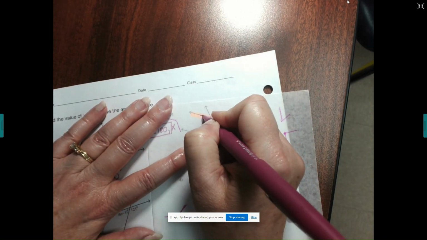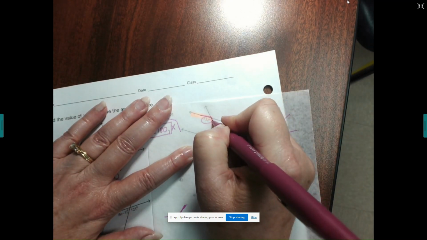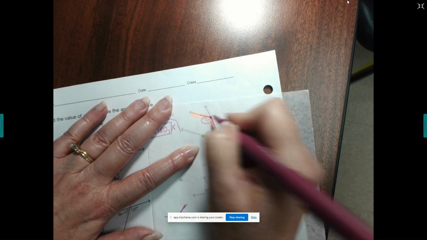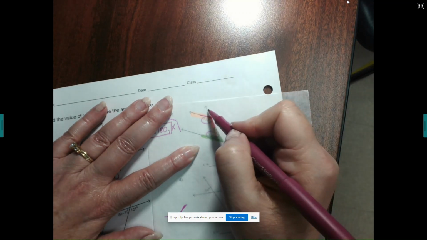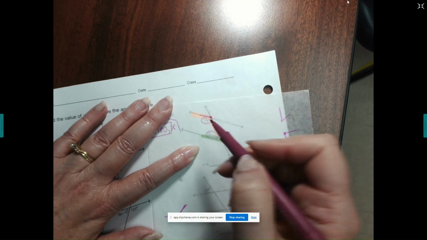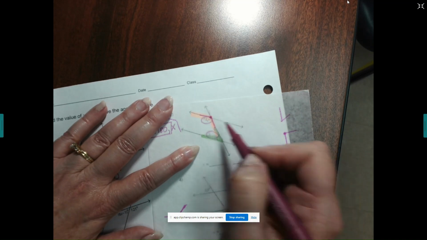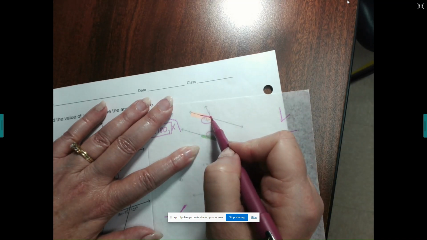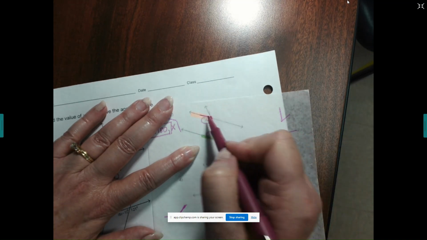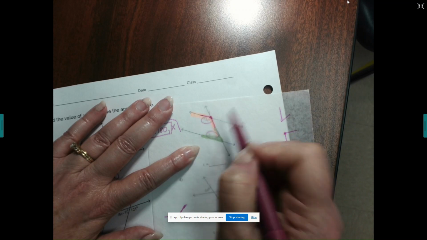And I'm going to trace the arms of this 132. Okay, today some of you are tracing this angle up here or something. You have to surround the angle that you're talking about with the 2 sides that are making up the angle. So here's the angle that I'm talking about.